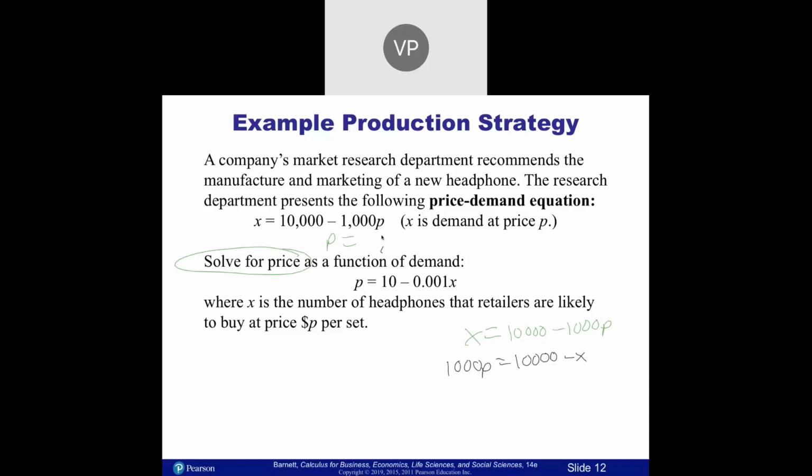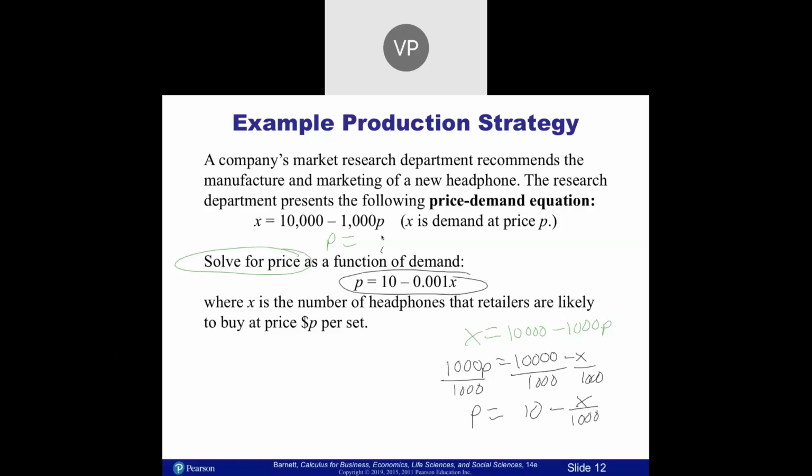So I added the 1000p to both sides, so it cancels on the right. We have 1000p on the left. Subtract the x, move the x over to the other side, and then remember, divide everybody by this 1000. And that's how they get p equals 10 minus x over 1000. Oops, sorry, not x. x over 1000. And that's how this equation emerges right here.